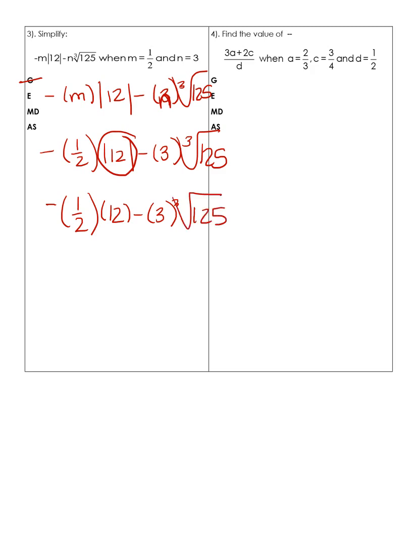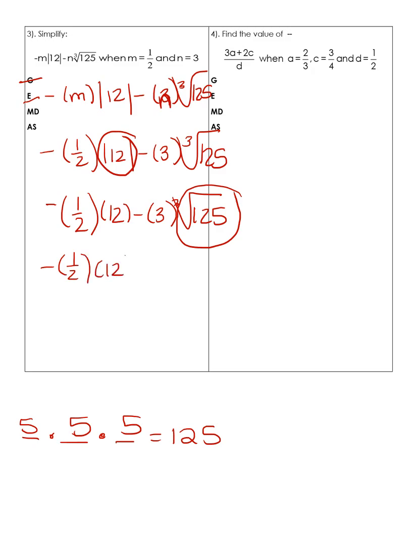Sorry, I'm a little messy. Exponents, I don't see exponents, but I do see radicals. So radical, I'm going to do that next. Remember, the index is 3, so we're looking for a number that's the same 3 times. That makes 125. And the answer to that is 5. 5 times 5 times 5 makes 125. Next is multiplication and division, so I get negative 6 minus 15. Finally, we get negative 21.